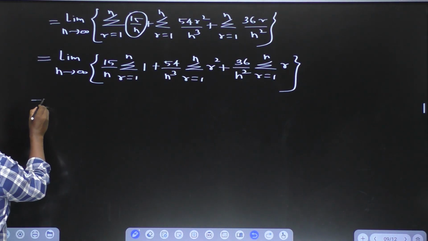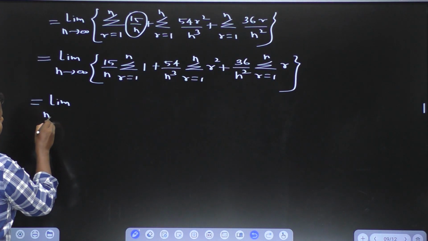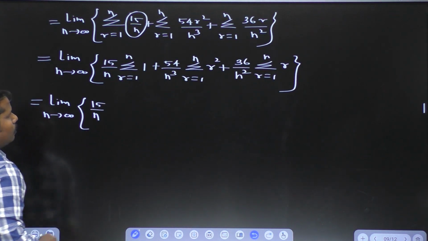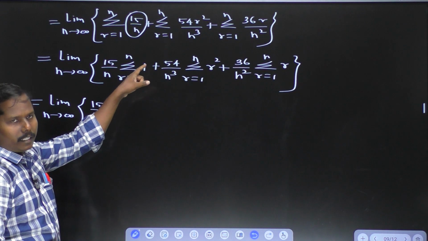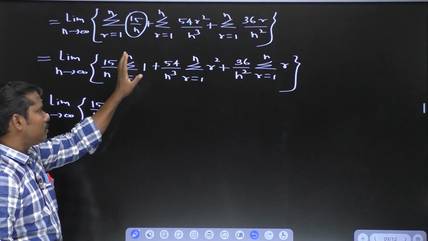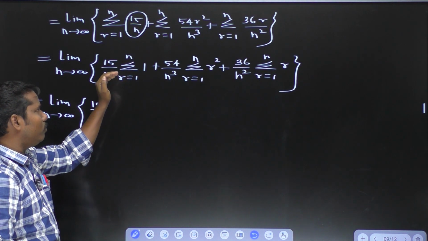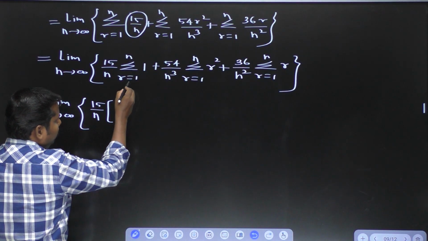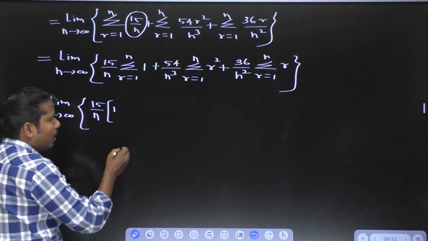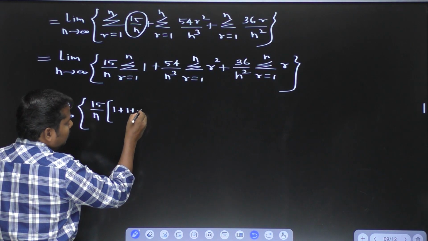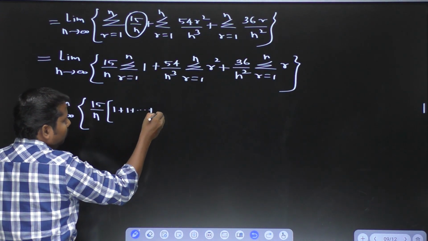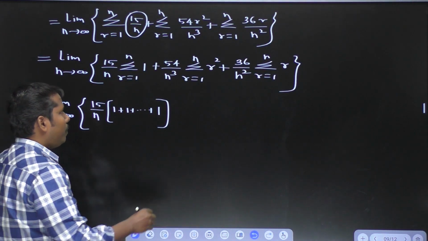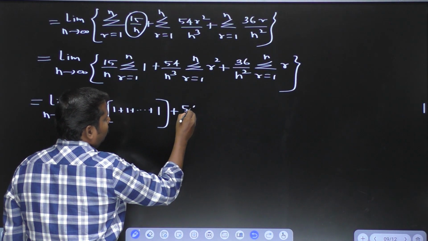And next, limit n tending to infinity, 15 by n. Students, I already told you, you should go for the expansion. See, 1 is independent of r. Whatever value you give for r, 1 will come constantly. When you give r equal to 1, 1 comes up; r equal to 2, again 1; and so on up to n. How many ones are there? n ones are there. Plus 54 by n cube.